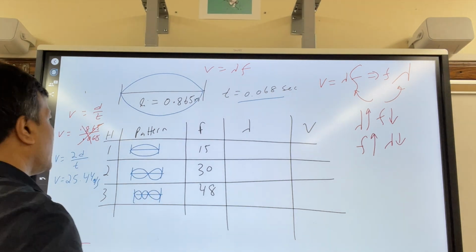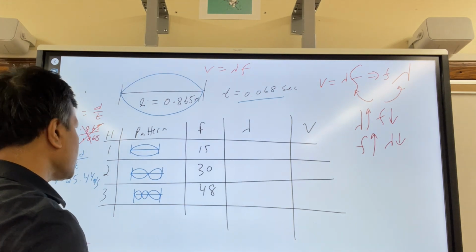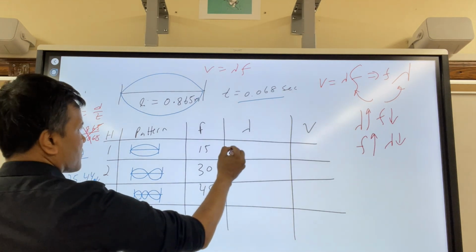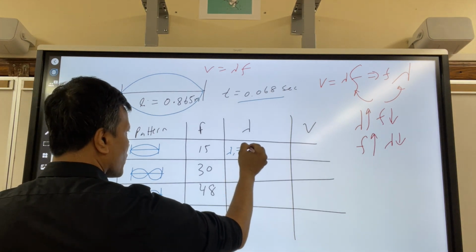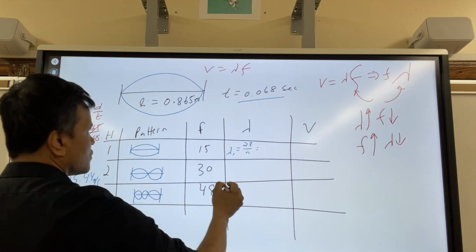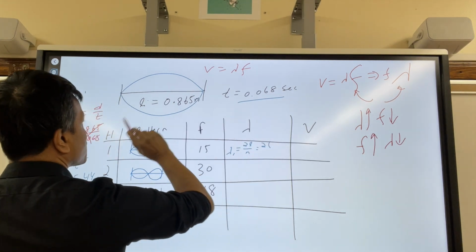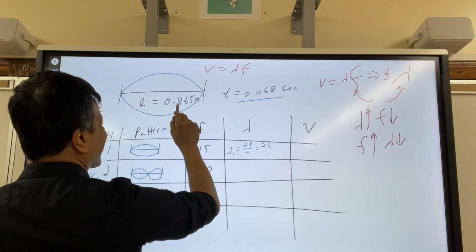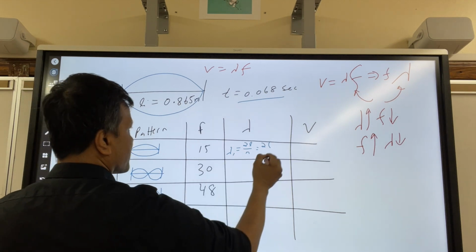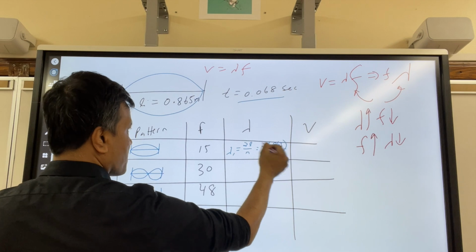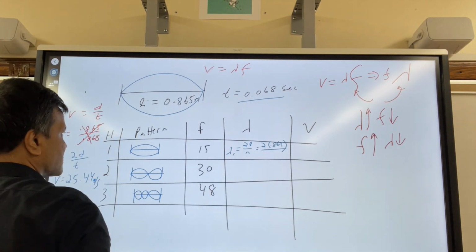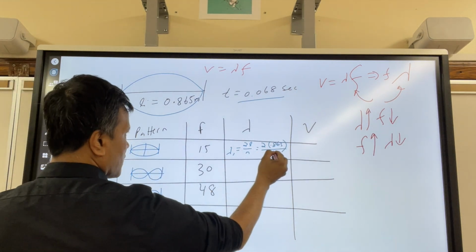Where is the lambda? For the first harmonic, lambda is 2L over N. L is 0.865, and I'm multiplying by 2. N is the number of antinodes or loops, one loop.